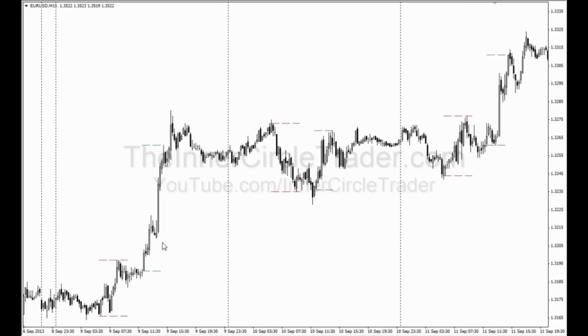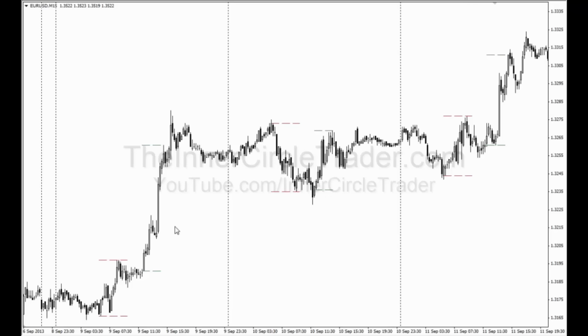okay. Inside the New York session, we have a low here and we have a high here. And on the following day, on this Tuesday, this was September 10th, we have the range from here to here for the London session, and the New York session is here. So inside of that, you can see that there's swing highs and swing lows that are useful as well.